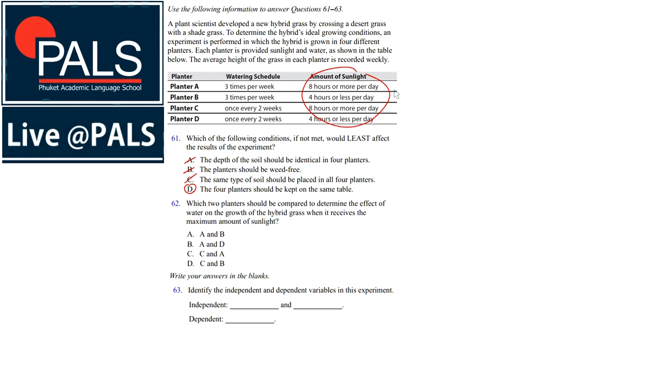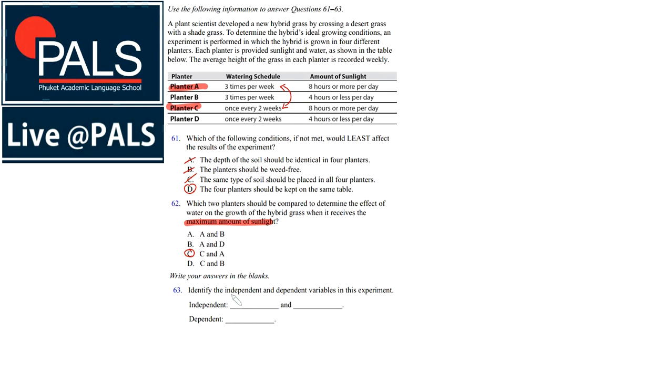So maximum amount of sunlight is 8 hours per day, so that is planter A has maximum amount and planter C has maximum amount, and they have different watering schedules. 3 times per week, once every 2 weeks. Again, which 2 planters should be compared to determine the effect of water on the growth in maximum amount of sunlight? So we are comparing planter A and C, or C and A.